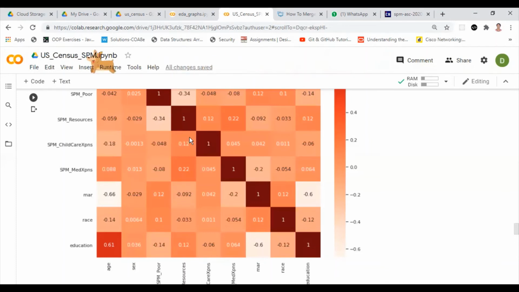And here it can also be seen that poverty is related to childcare and medical expenses, which is quite intuitive since the more money one has, then he can spend more on these expenses.